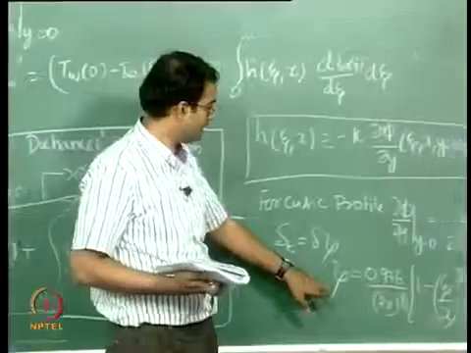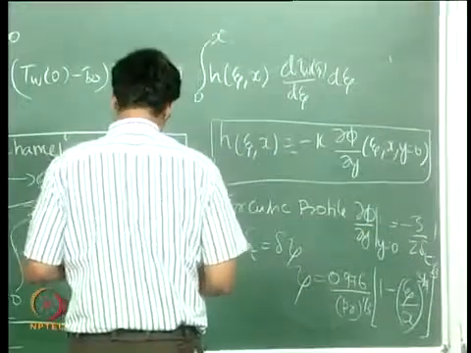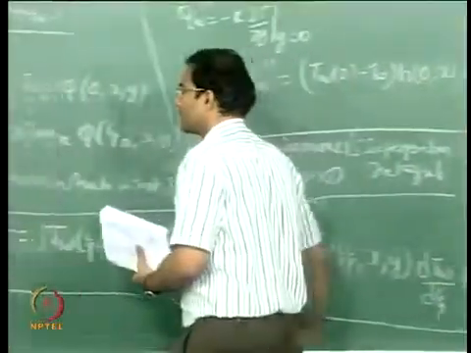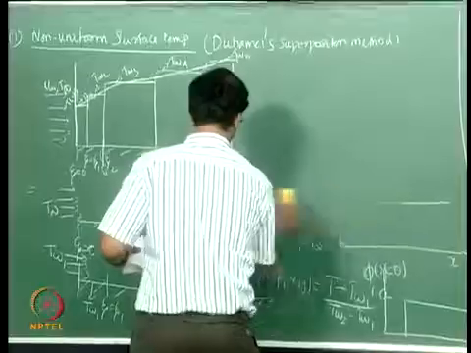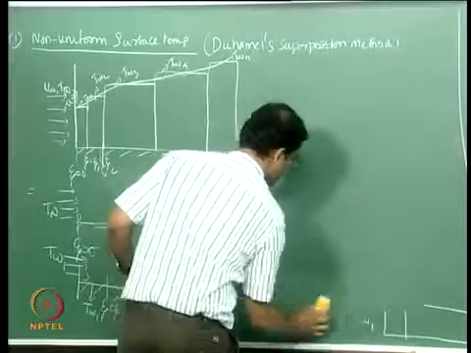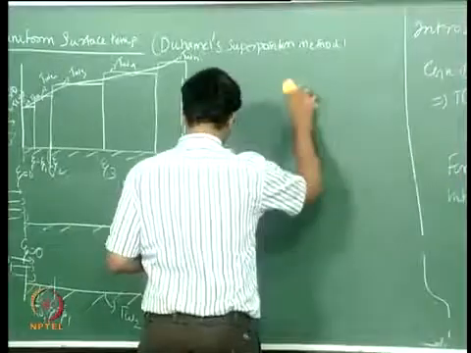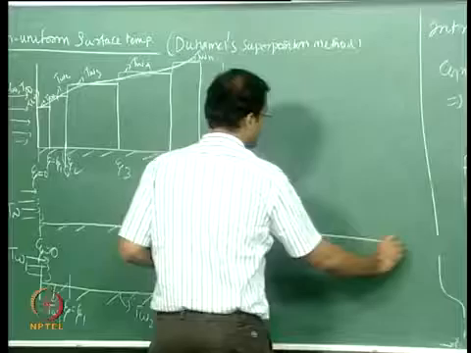So this has to be substituted into this expression to calculate the heat transfer coefficient, and so do you remember how that comes out? Do you remember the expression for heat transfer coefficient that we derived earlier?